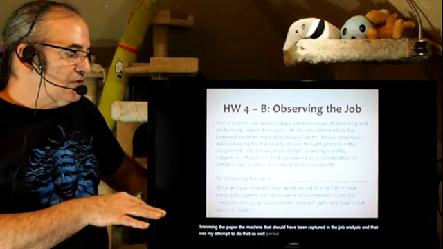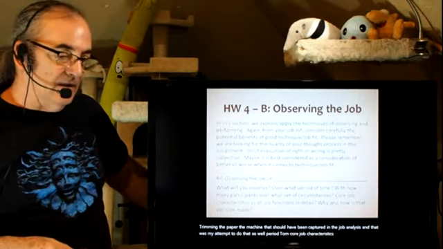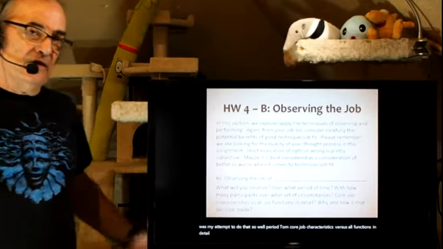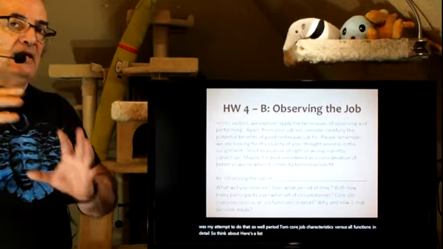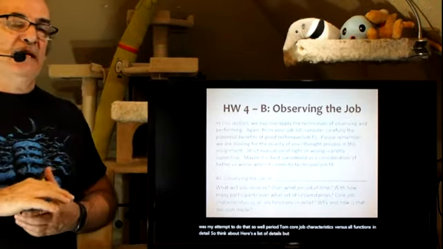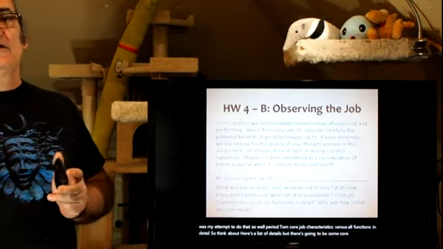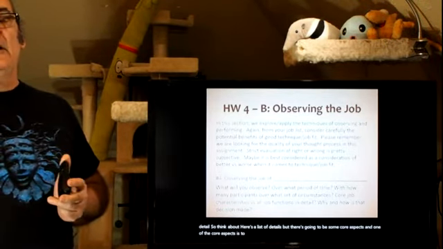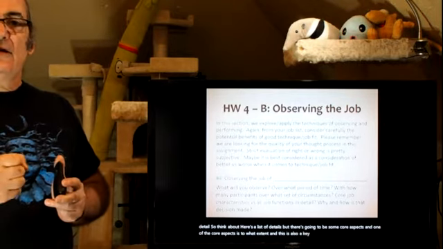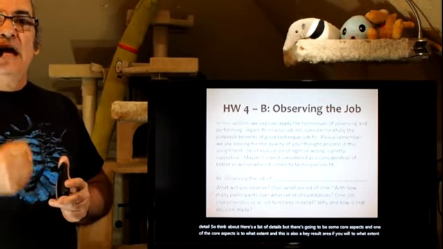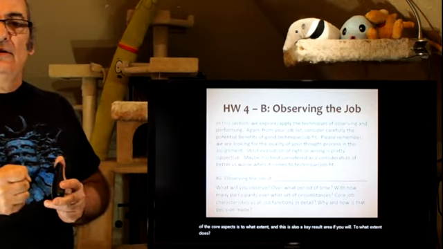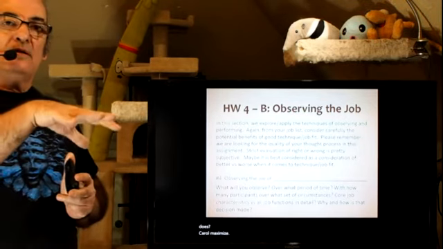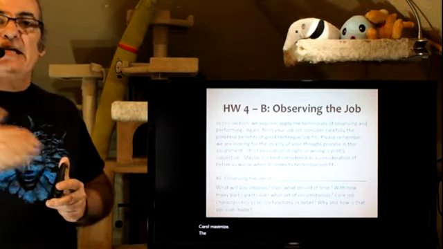Core job characteristics versus all functions in detail. So think about, here's a list of details, but there's going to be some core aspects. And one of the core aspects, and this is also a key result area, if you will, is to what extent does Carol maximize the trimming procedure and minimize waste?